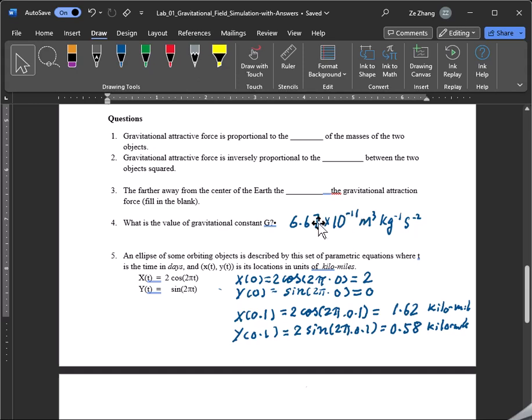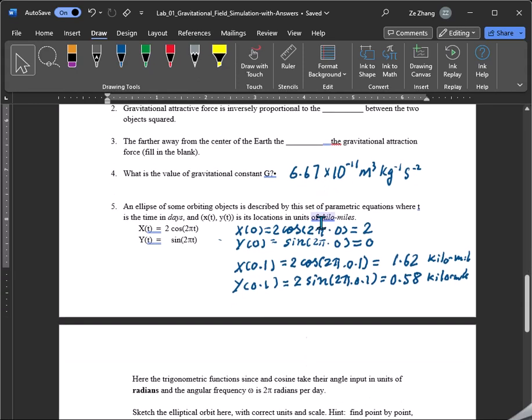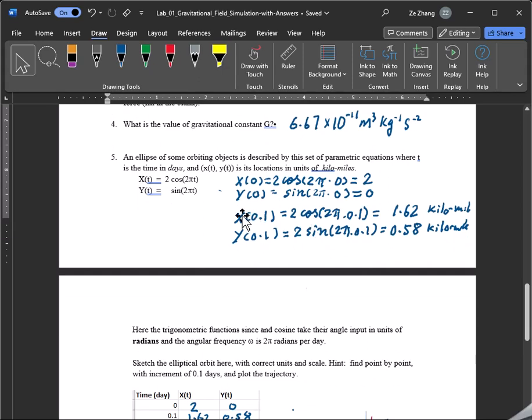Number 5: an ellipse of some orbiting object. In fact, all the travelers or planets circle around the center in some elliptic orbit. This orbit can be described by these kinds of equations. We call it a parametric equation.